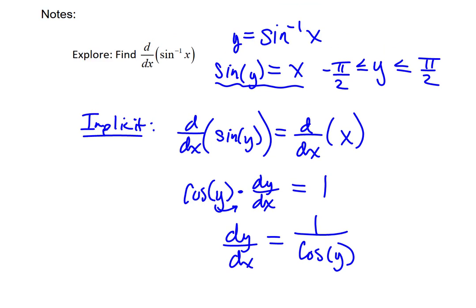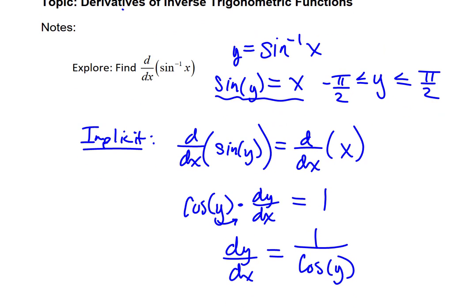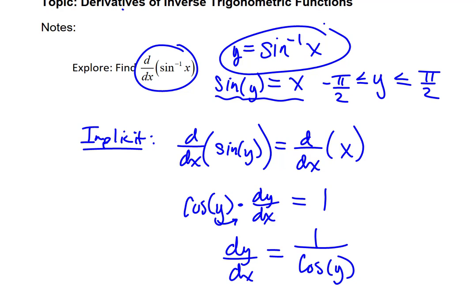Now, let's keep in mind the broader context. We're trying to find the derivative of sine inverse of x, but we've called that y, and so if I've now found dy dx, that's exactly what we've been trying to find from the beginning here.